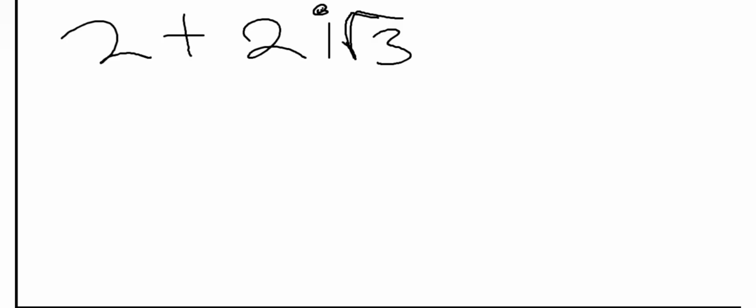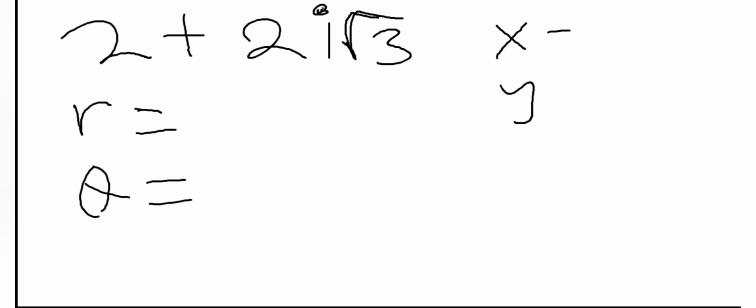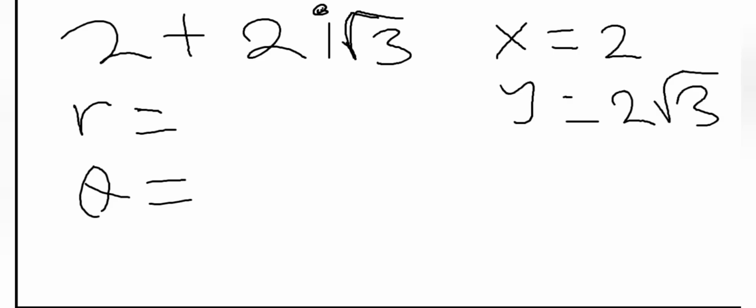We all know that modulus is r and the amplitude or the argument is theta. So for us to find these two, what should we do first? We need to identify what is x and what is y. In this case, x is equal to 2 and y is equal to 2√3. So this is the first thing that we should deal with.